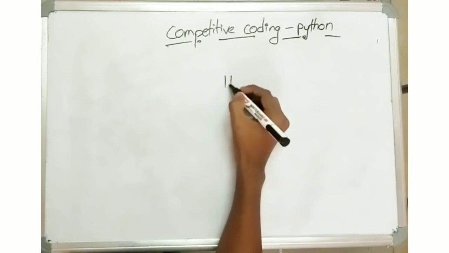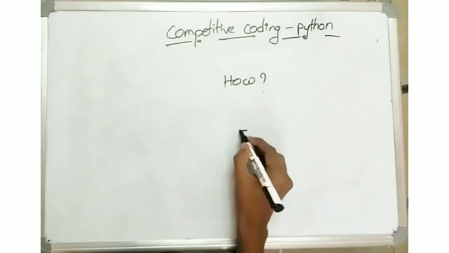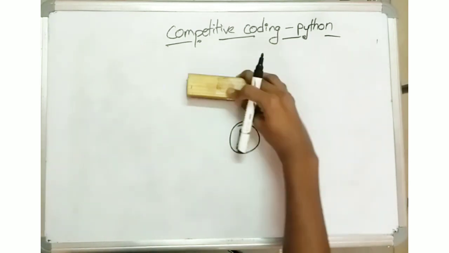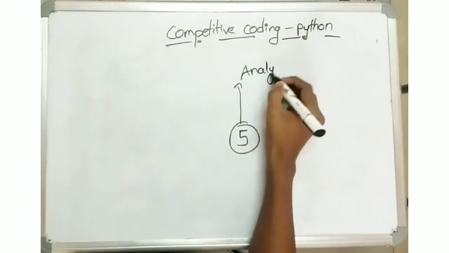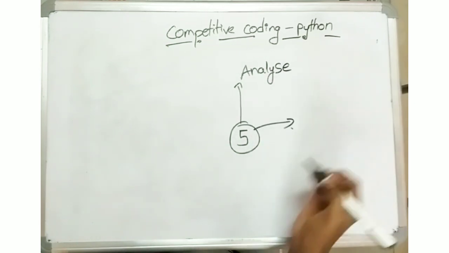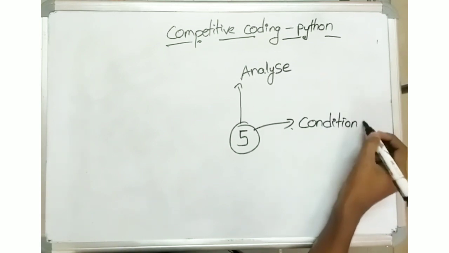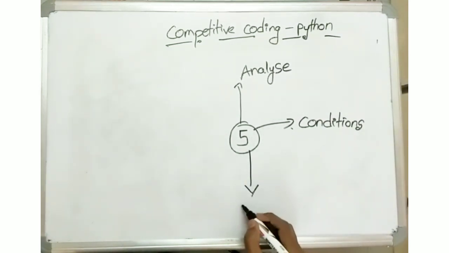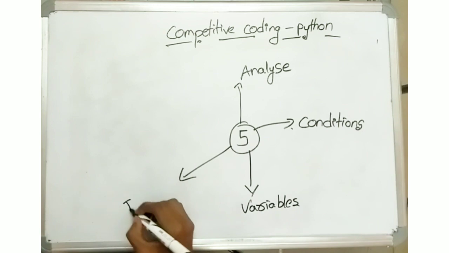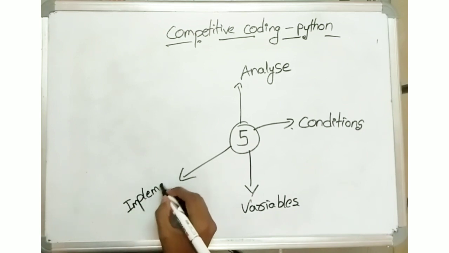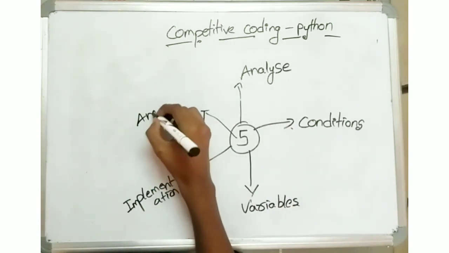How can we solve a given task? For this we are following a 5-step procedure. The 5-step procedure first comes with analyze, and the second step is conditions, and the third phase is variables, and the fourth phase is implementation, and the fifth phase is analysis with test cases.